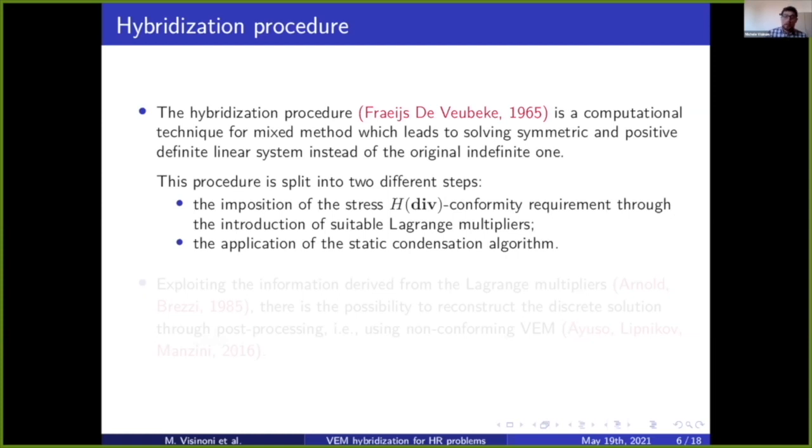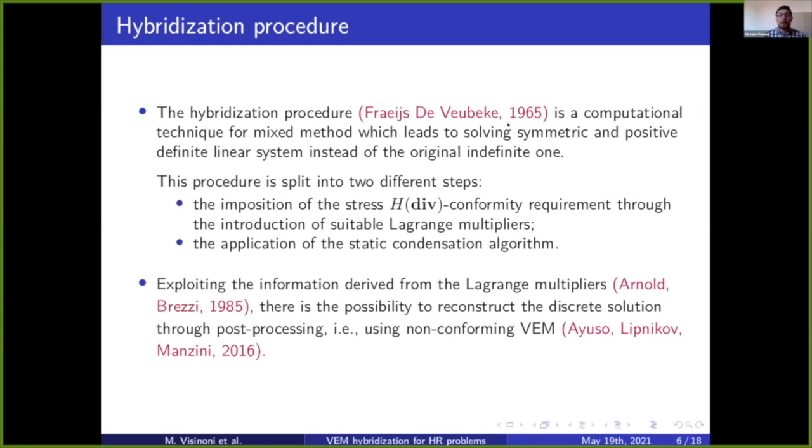The second aim of this technique, which we can find in this article, is the following. We can use the information of the Lagrange multipliers in order to reconstruct the discrete solution, and particularly the discrete solution of displacement, through post-processing.